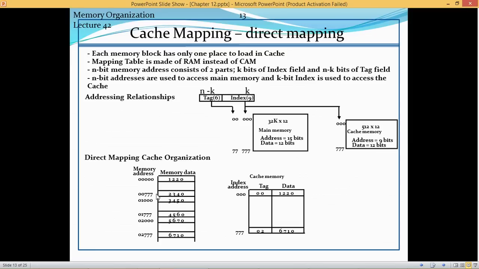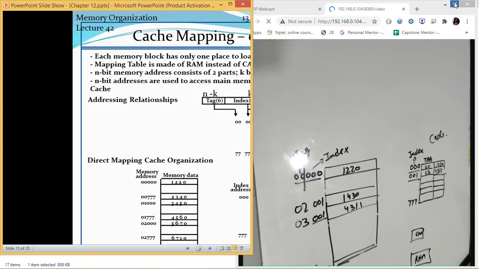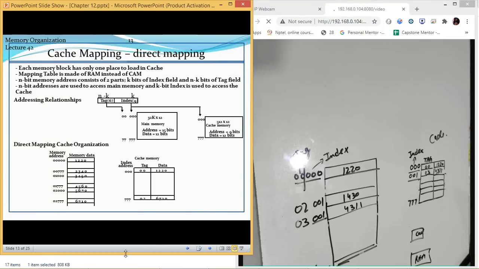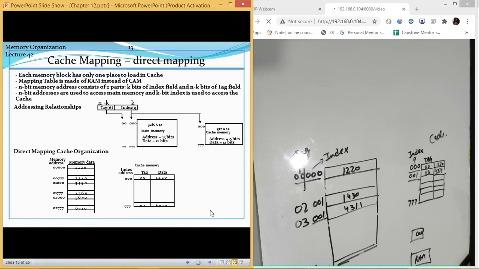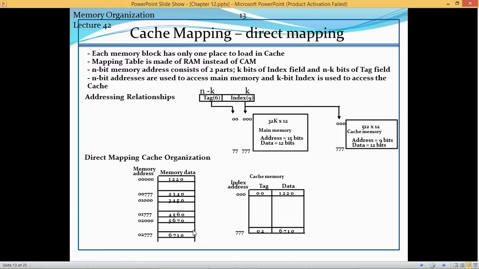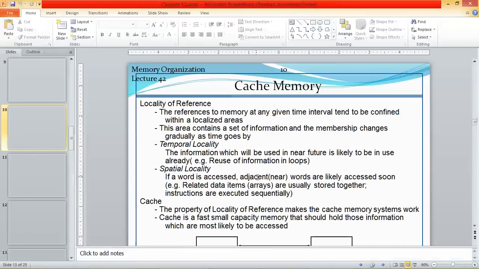Now this is the content which is stored in cache. Let me just edit it if I can.